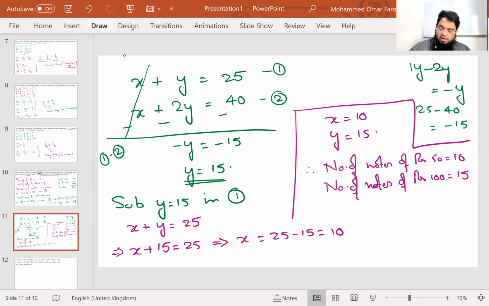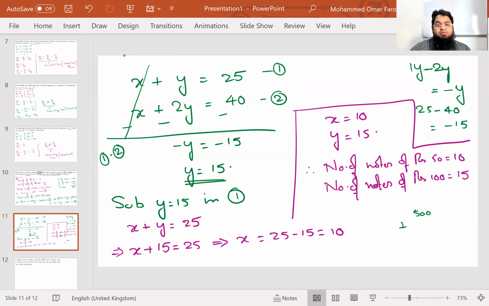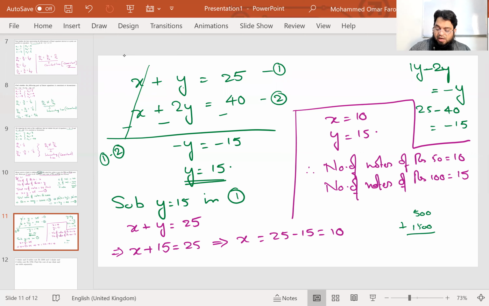In rough, you can even check. 50 rupees, 10 notes, so it will be 500, plus 100 rupees notes, 15, which becomes 1500. So what is the total? 2000 rupees. Understood? This is how we do the problem, applying the concept of pair of linear equations and solving two equations by the elimination method.